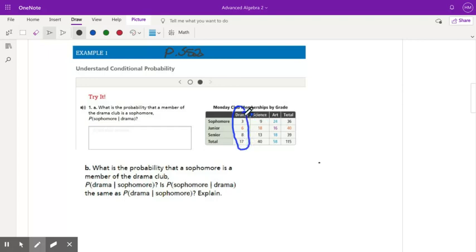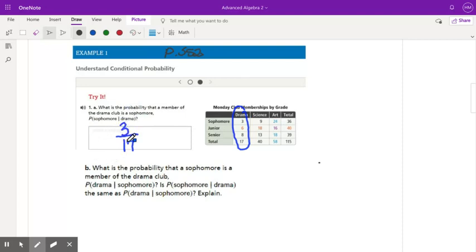Given that they're in the drama club, there are 17 kids. So that would be my denominator. The number that are a sophomore and in drama is 3. So 3 out of 17.